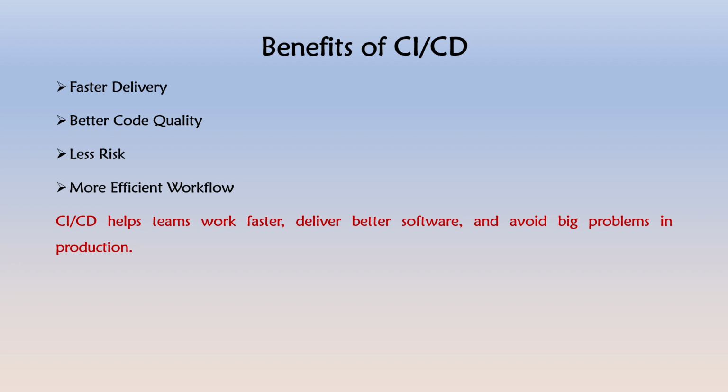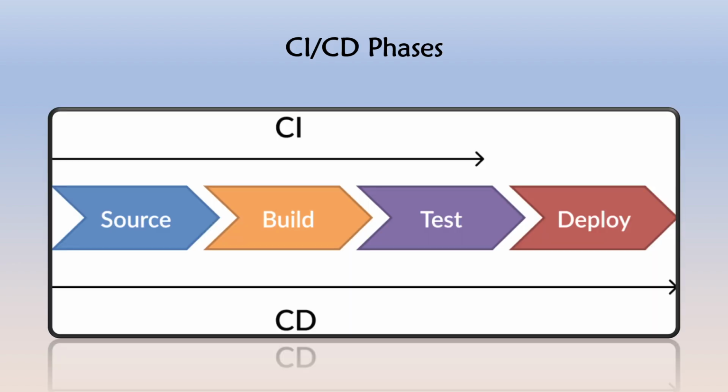Less risk: frequent small updates are easier to manage, reducing the chances of major issues. If something goes wrong, it can be fixed or rolled back easily. More efficient work: automation saves time by reducing manual work, allowing developers to focus on code instead of repetitive tasks. So it helps teams work faster, deliver better software, and avoid big problems in production.